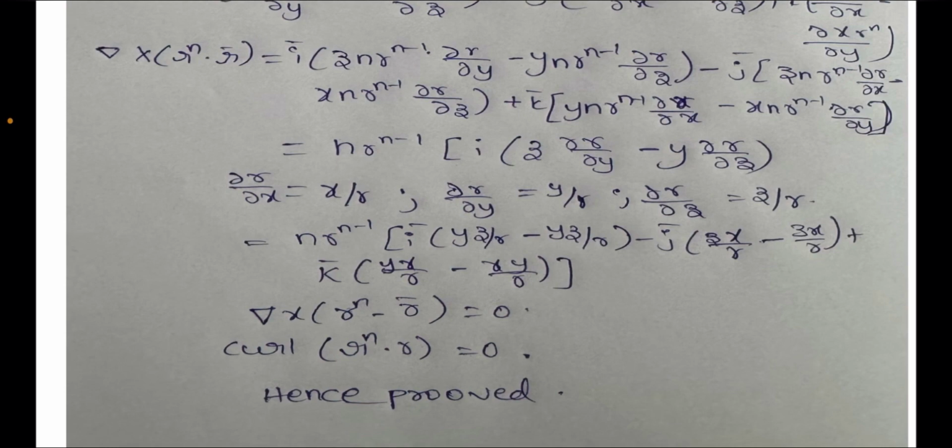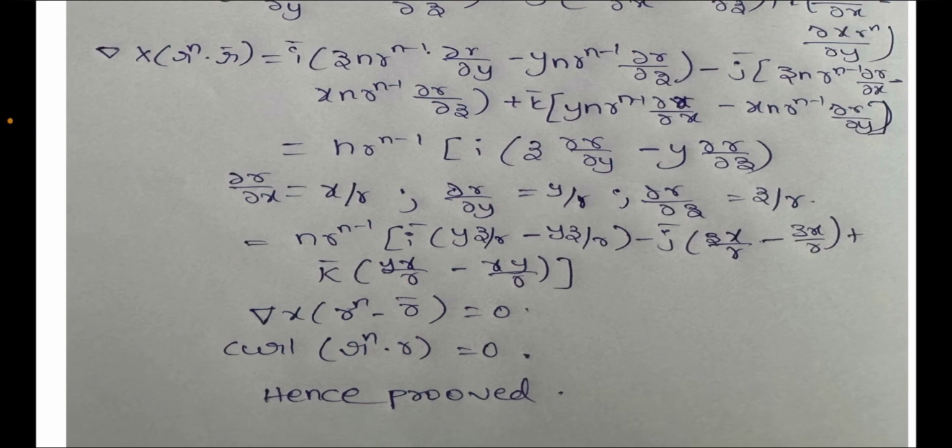That implies n r power n minus 1 into i bar (z dou r by dou y minus y dou r by dou z) and so on. Dou r by dou x equals x by r, dou r by dou y equals y by r, dou r by dou z equals z by r.